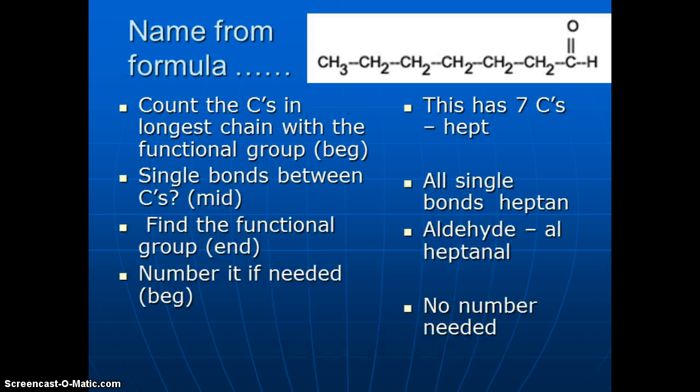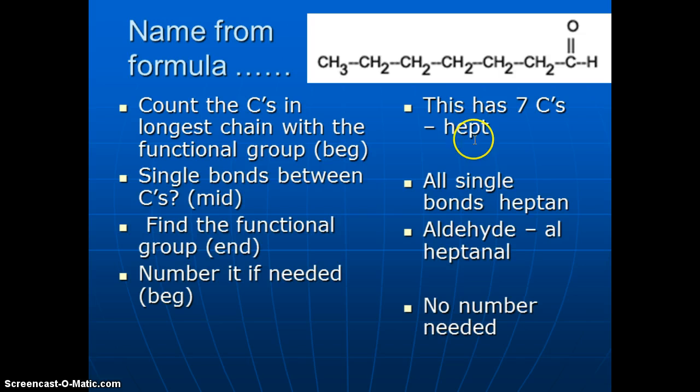So let's try one more, but this time let's look at a formula and see if we can name it. So the first thing we're going to do is the prefix, and the prefix tells us how many carbons there are. So we need to count them. 1, 2, 3, 4, 5, 6, 7 carbons.